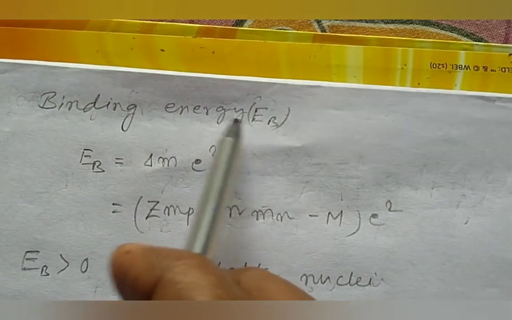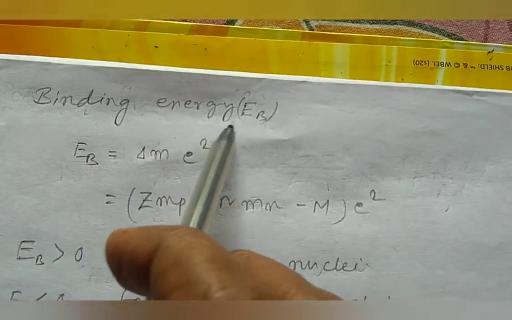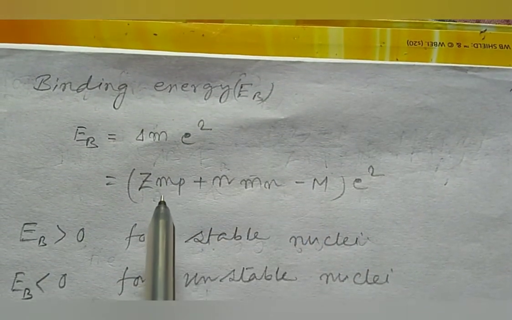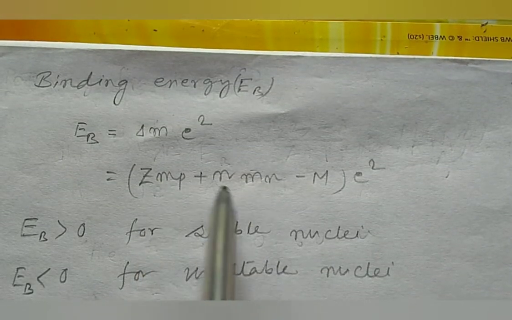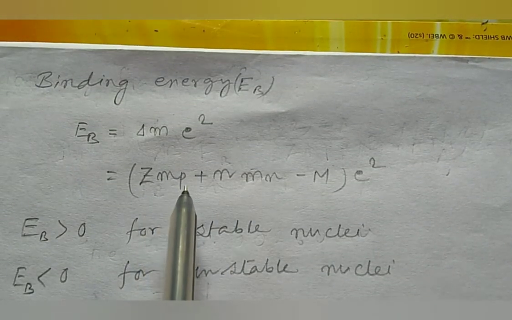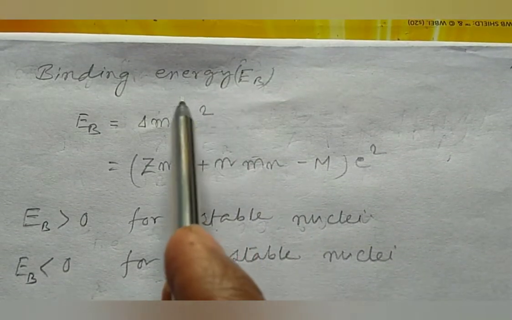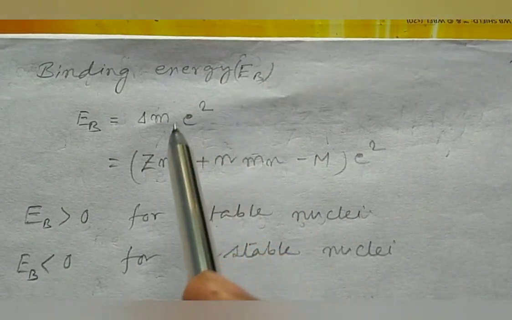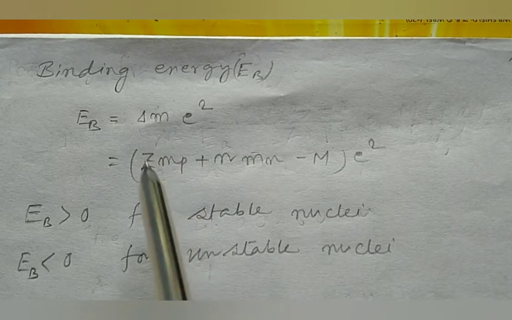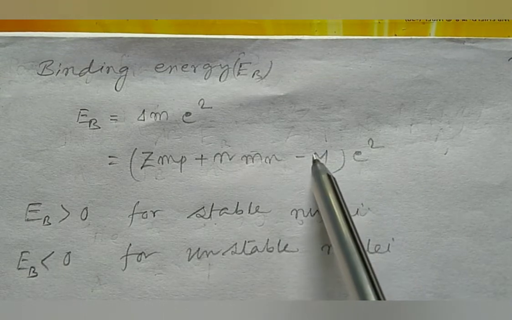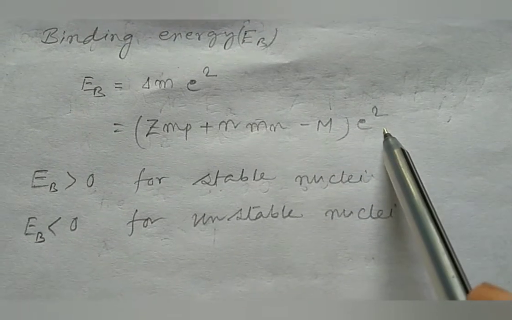Another static property of a nucleus is the binding energy. It is the minimum energy required to separate all the nucleons, neutrons and protons, completely from the nucleus, and its value will be the mass difference between the total mass of the nucleons and the measured nuclear mass into c square.